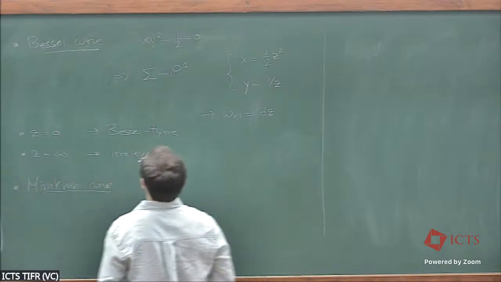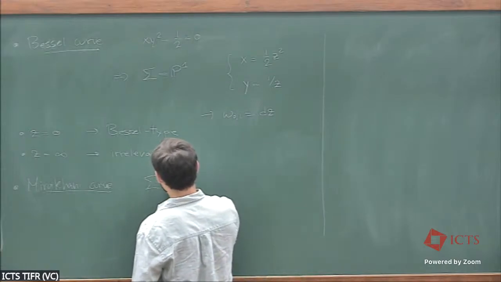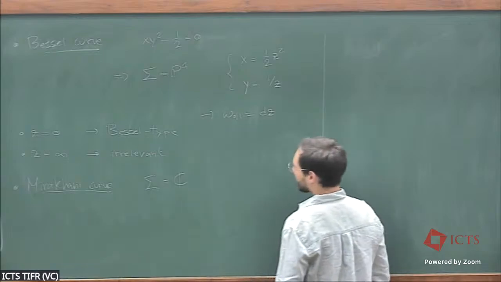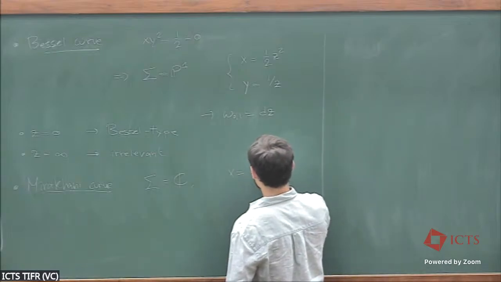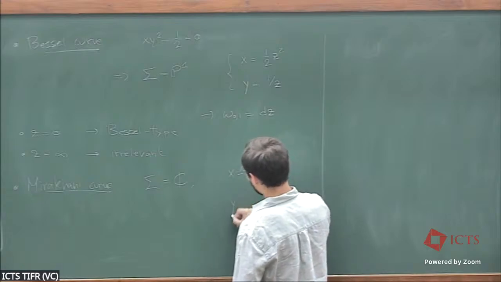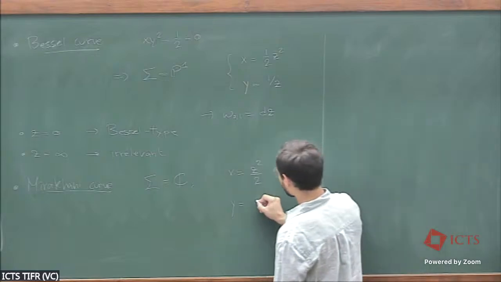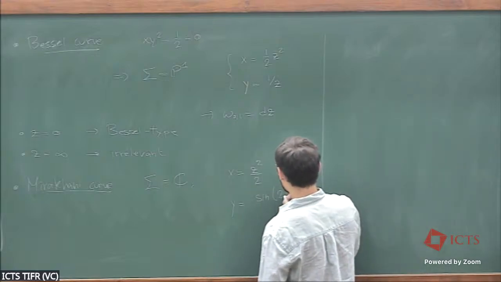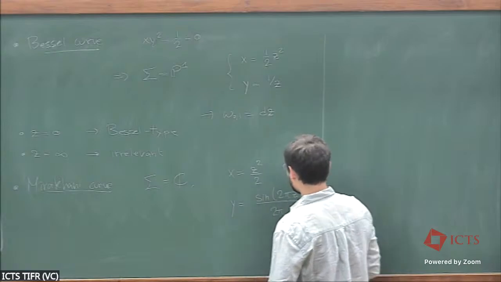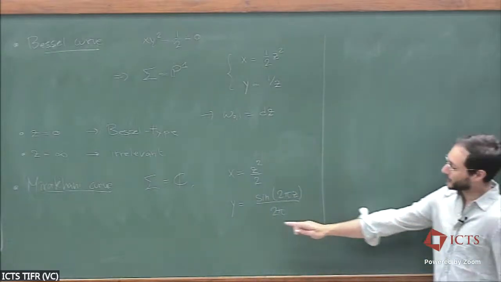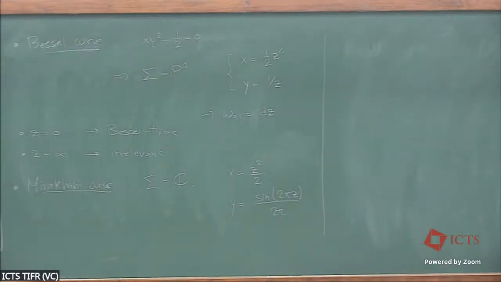And this is the one given by, well, sigma equal to the complex plane, and x is equal to z squared over 2 once again, but y is something more complicated, the sine function, sine of 2 pi z over 2 pi. And you can see that I excluded here infinity because it's an essential singularity for y, so it's bad.